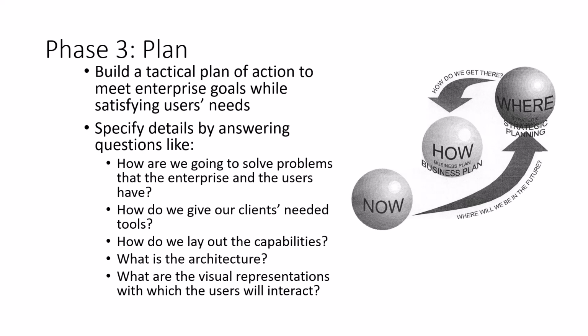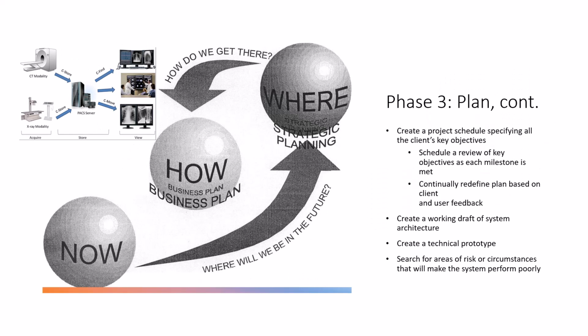All of those have to work together to compromise and create an effective plan to put into action. So to do this, you create a project schedule specifying all the key objectives, and you schedule a review of key objectives as each milestone is met.